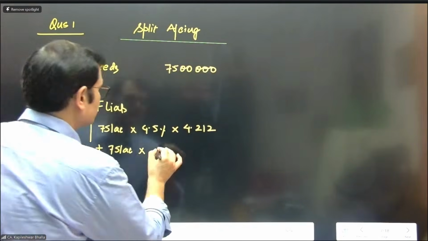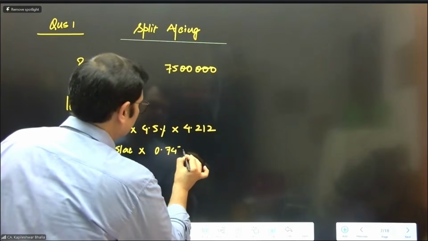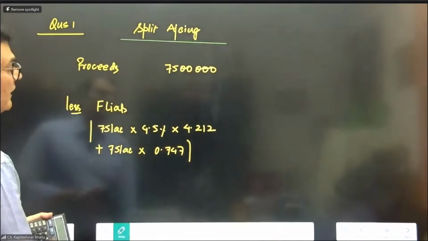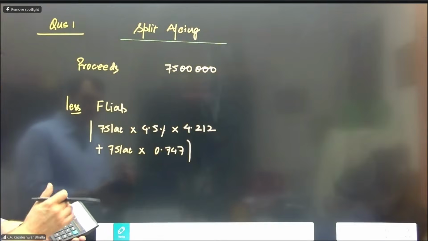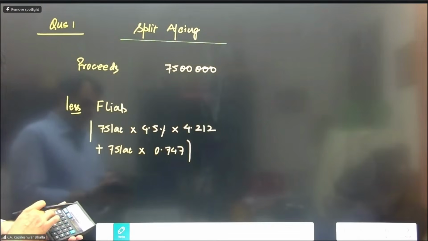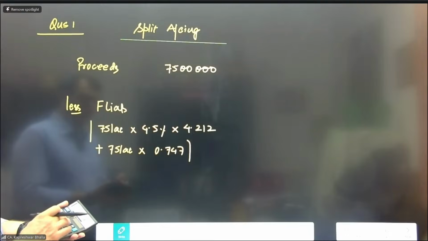I think it's 0.747. Just see if the PVIF and PVIFA are right or not. And let's multiply this: 75 lakhs into 0.747, 56,02,500.